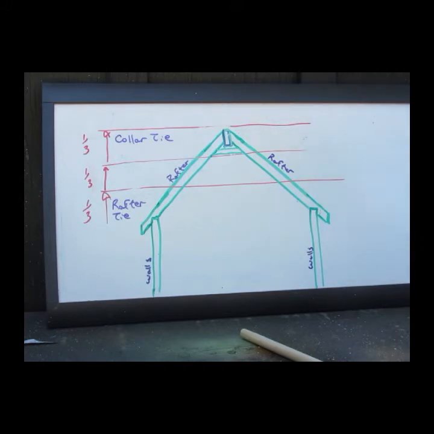That is the area in which you can put a collar tie and have it actually do the job that it's planned to do, which is stop the roof from pulling apart at the peak.